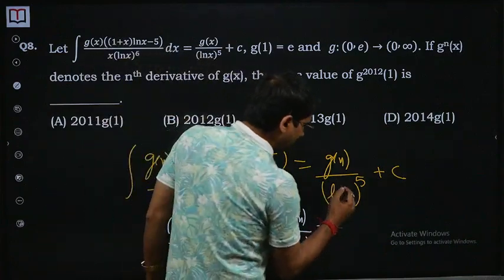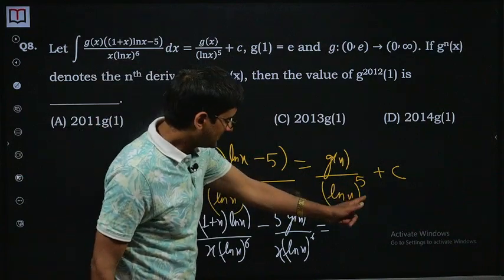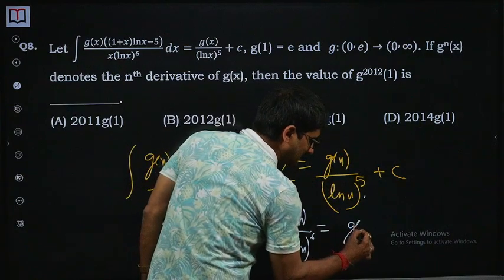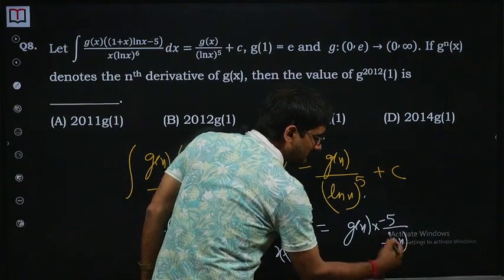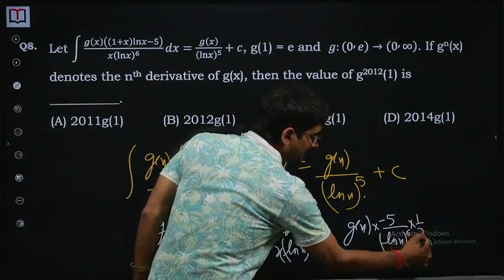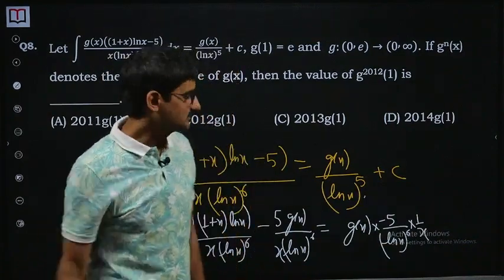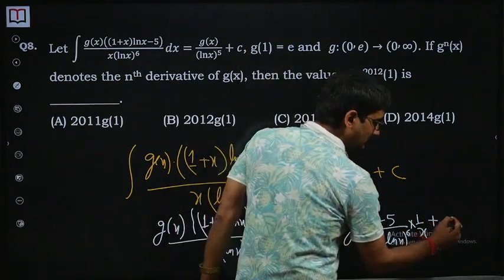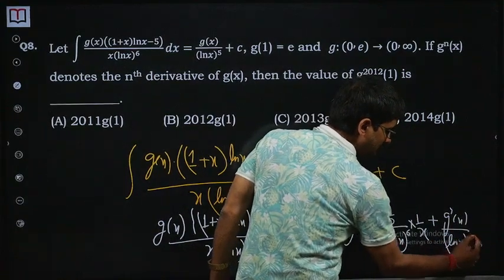If I differentiate the denominator first, keeping the numerator out of it, the derivative of the denominator is minus 5x upon (ln x) raised to the power 6 into 1 by x, using the chain rule. Derivative of 1 upon (ln x) raised to the power 5, using the chain rule. And then differentiating the numerator, so g dash x upon (ln x) raised to the power 5.